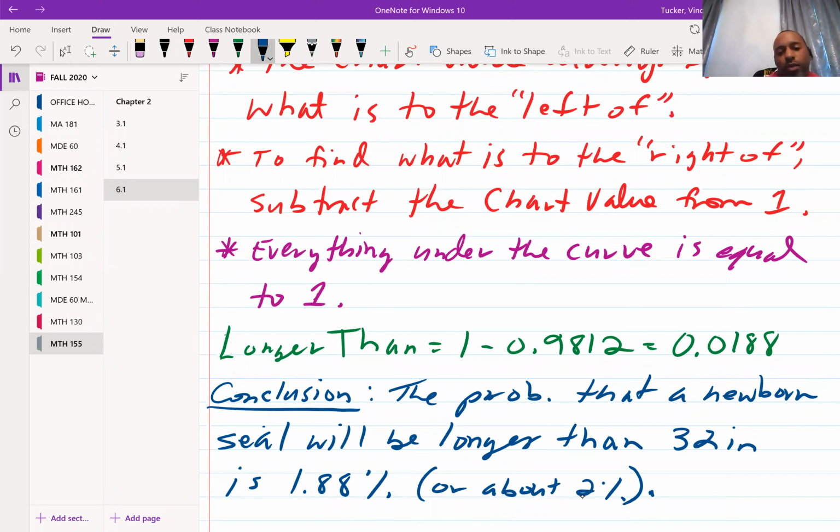All right, so the conclusion here is the probability that a newborn seal will be longer than 32 inches is 1.88%, or about 2%. Any questions? We'll look at one more scenario.